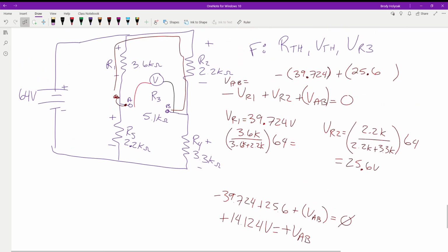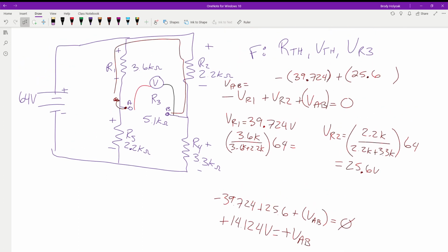When we come back and look, we're going to have a positive and a negative 14.124 volts because we're measuring in that direction.